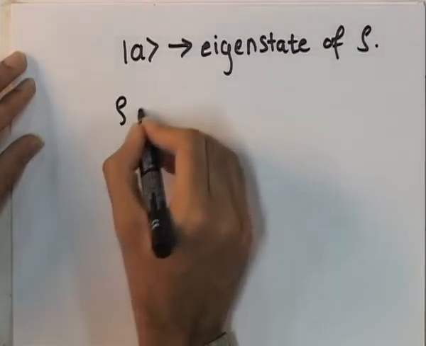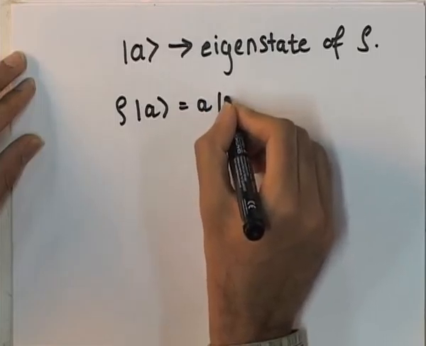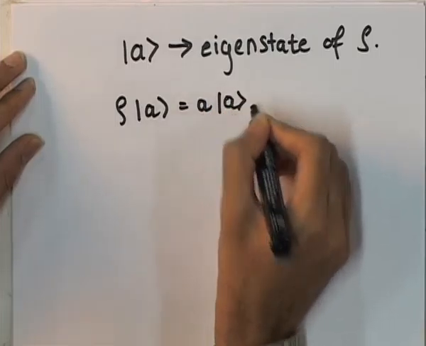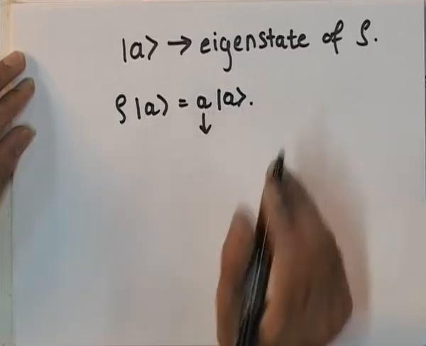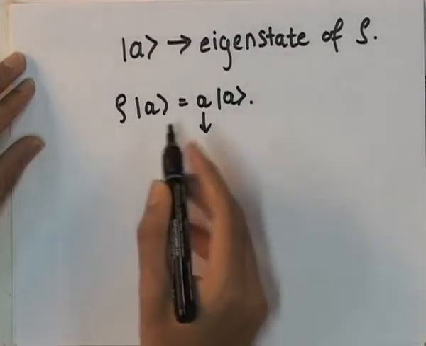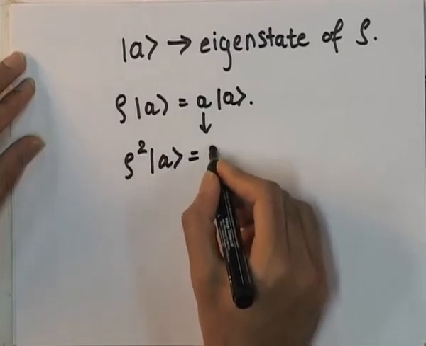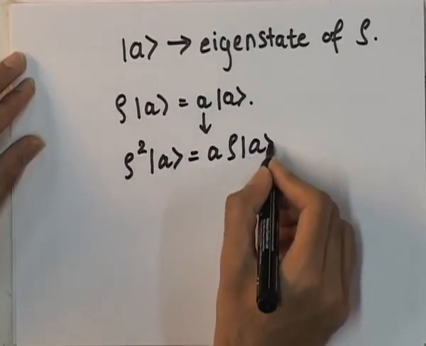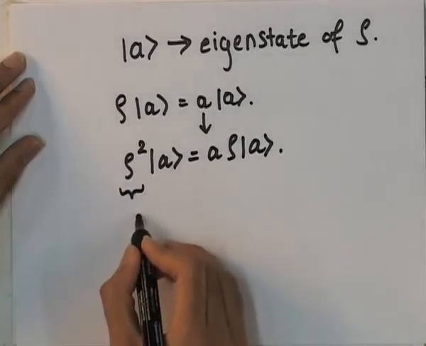So what we have is rho times A is equal to a times A, where a is the eigenvalue corresponding to this state. If we multiply again by rho on both sides, we get rho squared of A is equal to a rho A. Now rho squared, as we saw before, is equal to rho.